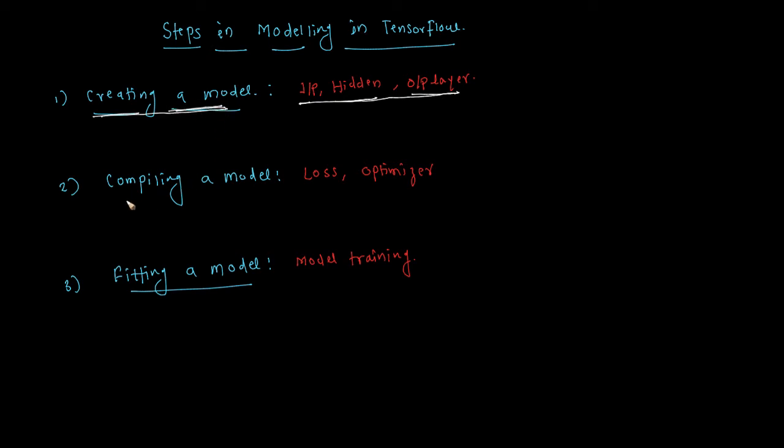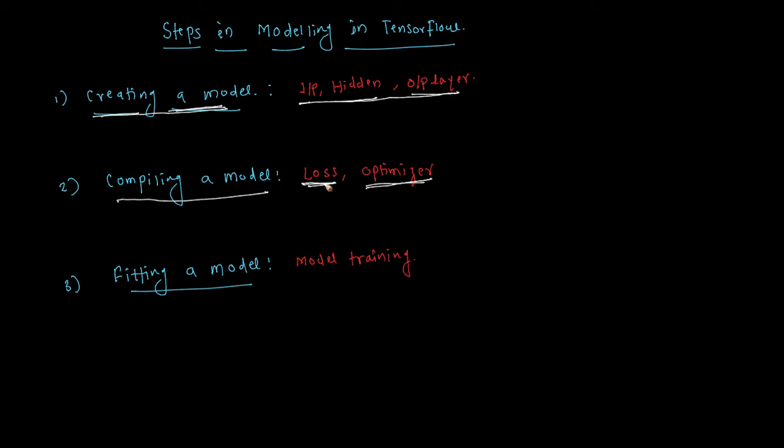In the second step, it is called compiling a model. In this, we decide what loss function is to be used and what the optimizer is. Optimizer means how your model will be trained, right? So we decide the performance measure, that is called loss.